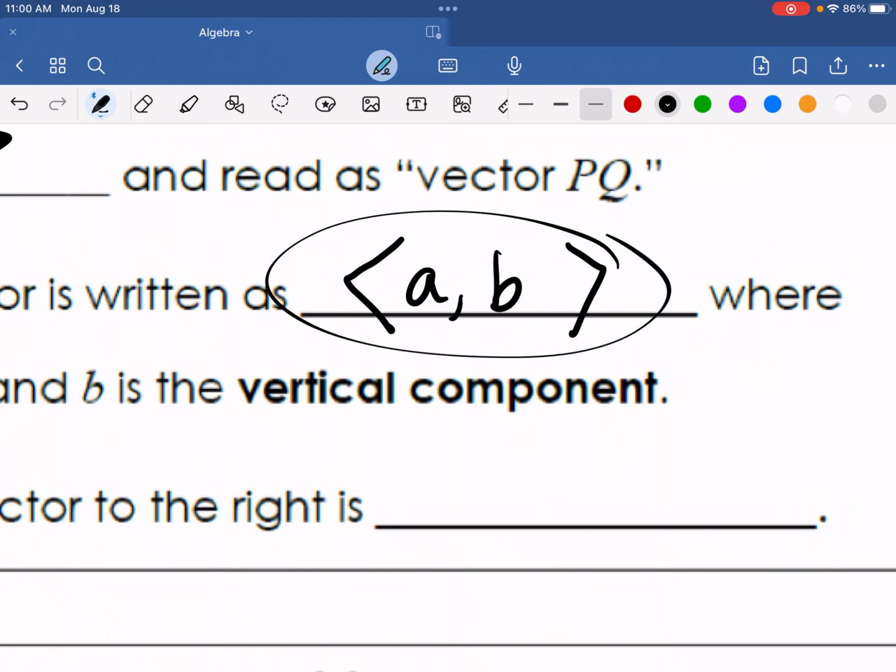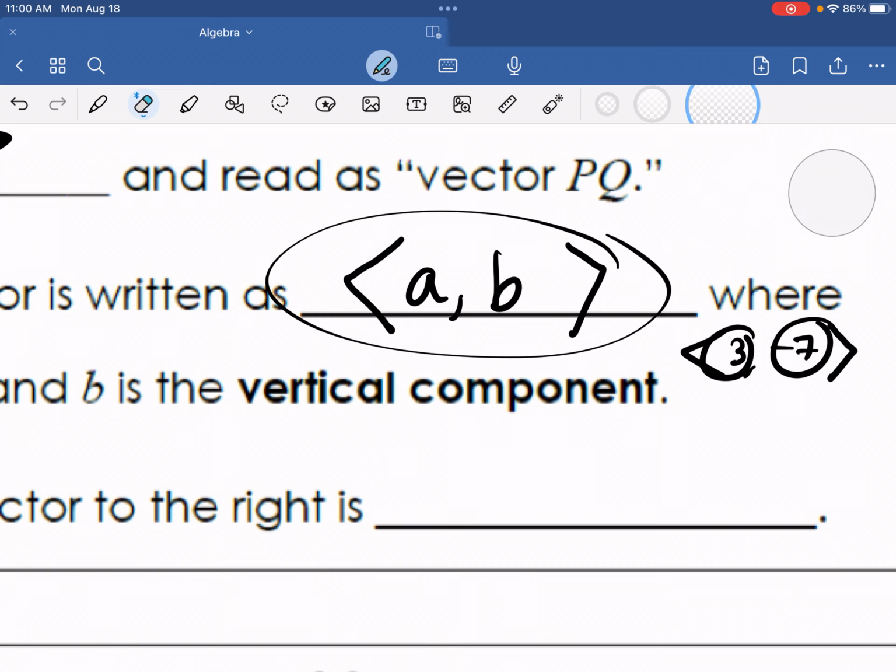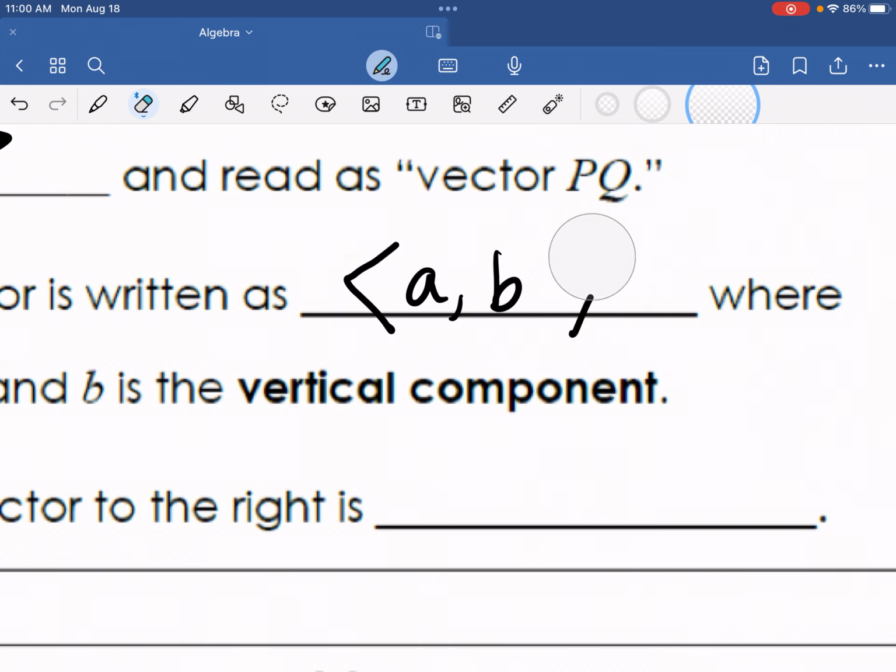It's going to give you two numbers. So if it was -1, 5, that means you're going left 1 and up 5. If it was 3 comma -7, then you're going right 3 and down 7. It is a direction. It is not a coordinate, which is why it's in those very straight brackets.